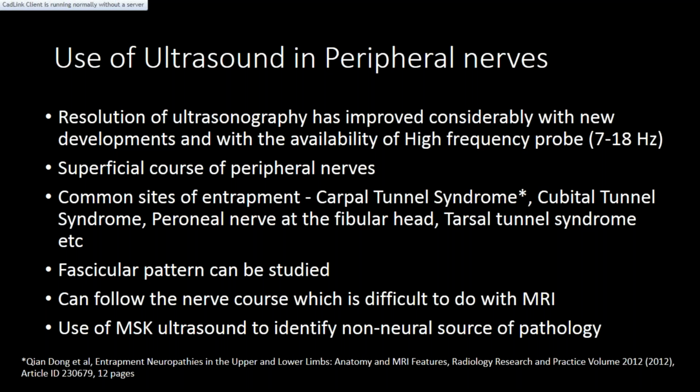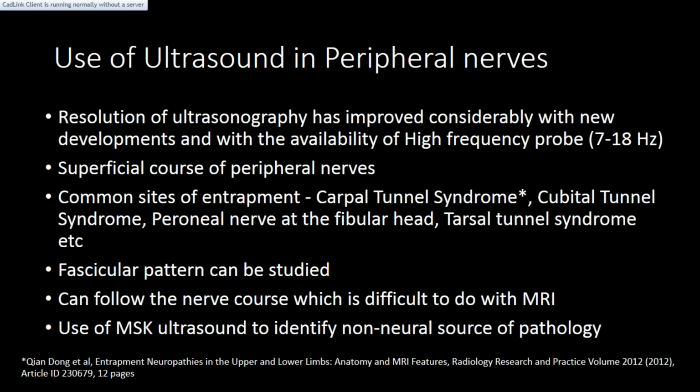With ultrasonography, we can study the fascicular pattern of the nerve, which is sometimes difficult to see with MRI imaging. And with ultrasound, we have ability to follow the nerve and follow its course, which is also difficult with MRI in certain nerves because of their tortuous course.